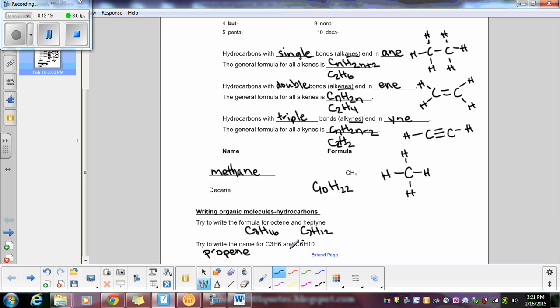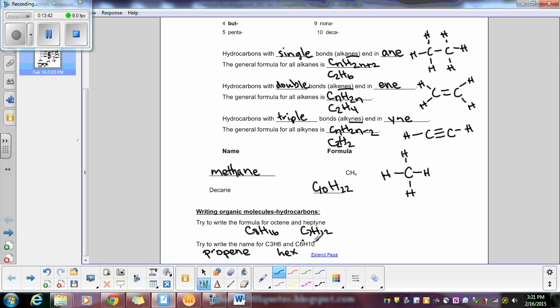I can do the same thing over here. If I have 6 carbons, my prefix for 6 is hex. And again, I'm going to try to figure out if I have a single, a double, or a triple bond. So 2 times 6 gives me 12. If I added 2, that would give me 14. So this cannot be an alkane.